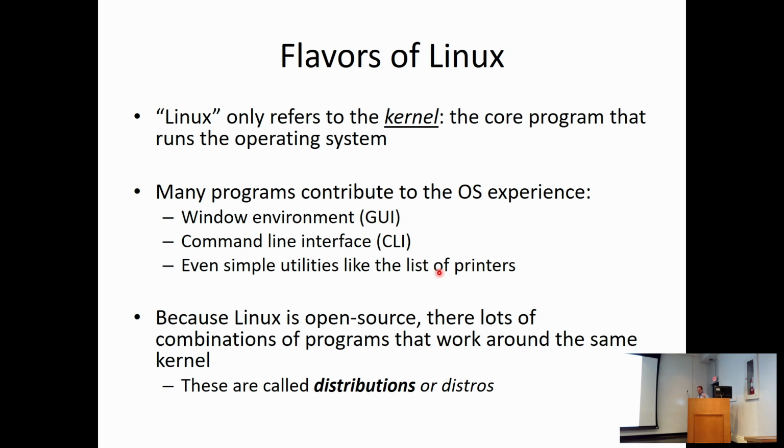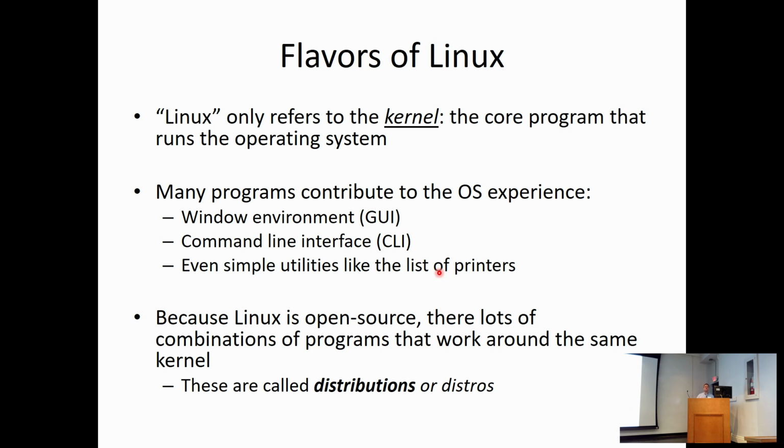And so just like with Windows, where there's a command line or a graphical interface, there's the same thing in Linux, where when you install a Linux operating system, you're generally getting the same kernel, but any number of combinations of programs to run on top of that kernel.